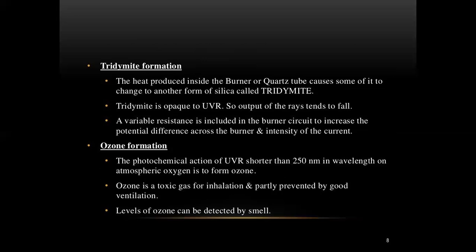Ozone formation. The photochemical action of UVR shorter than 250 nanometers in wavelength on atmospheric oxygen forms ozone. Ozone is a toxic gas for inhalation and is partly prevented by good ventilation. The level of ozone can be detected by smell.